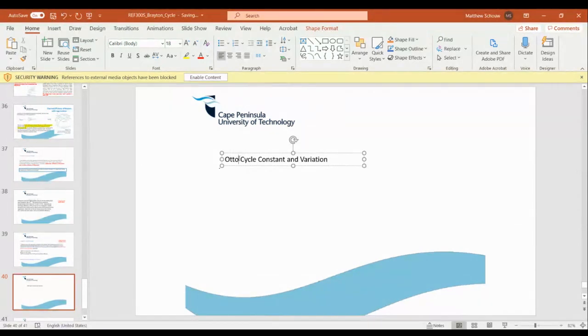Otto and Diesel. Dual, you just keep it constant. For your Brayton cycle or Joule, which is obviously the gas turbine one, it will be constant and variation.